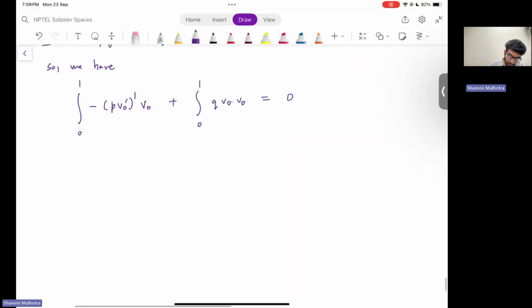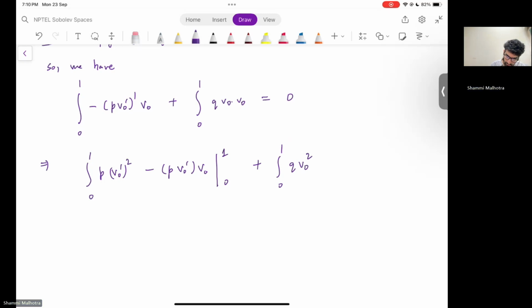So by integration by parts, we have integration 0 to 1 of P times (v0')² minus P v0' times v0, and we have to see the values at 1 and 0, plus integration 0 to 1 of Q v0², all equal to 0.